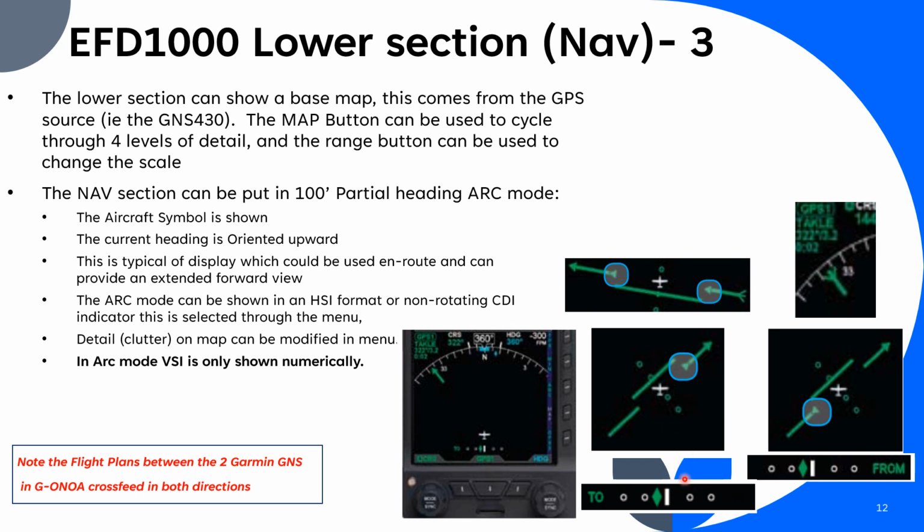It's also indicated at the bottom of the screen here with a more clear word, from or to, and a solid diamond when it's in scale. So these two displays are showing the same things. Again, as a point to note, the flight plans between the two Garmins in Oscar Alpha cross-feed in both directions.